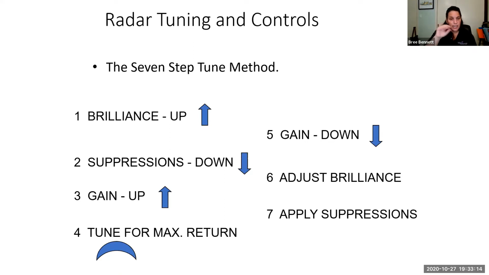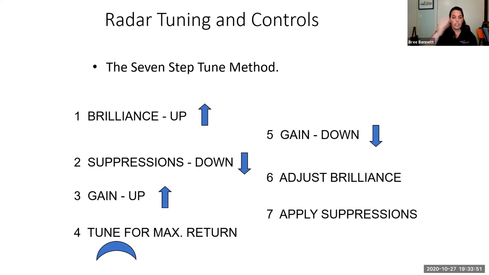So we turn our gain up to when we get to that snow, if you will, that speckles. I guess snow. It's like the more gain you have, the more returns you're going to get. So if you have your gain all the way turned up, it's just going to be a solid screen. If you're in open ocean and you're turning your radar on for the first time, you're not going to see anything because there's nothing out there.